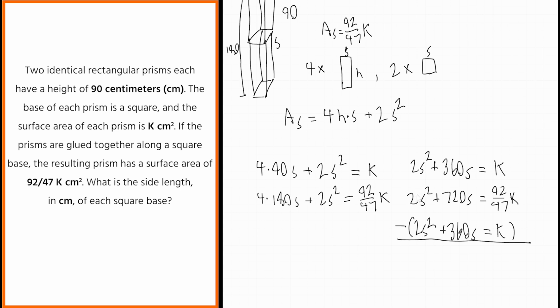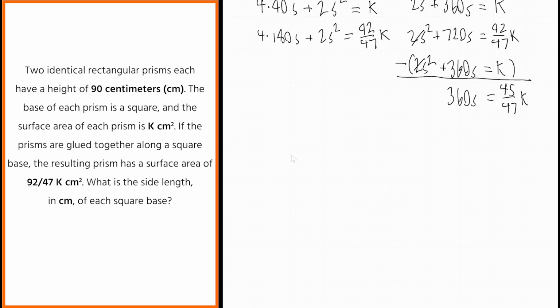So if we subtract this equation from this equation, these would cancel out, and then 720s minus 360s would be 360s, and then 92/47 minus k would be 45/47 k. So now by doing that, we have a much simpler equation to use.